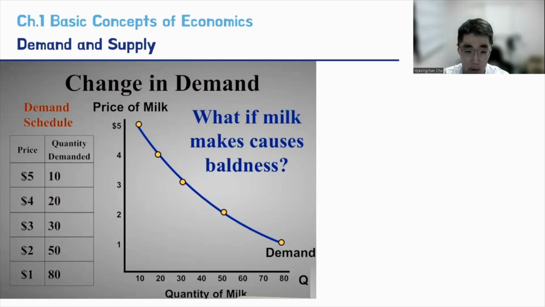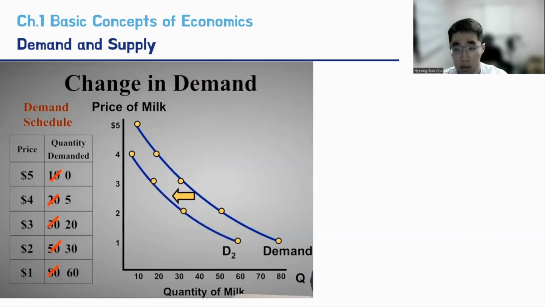So this kind of thing will happen. This curve is the original demand curve, and the one below is the new demand curve after these negative issues about milk come out.